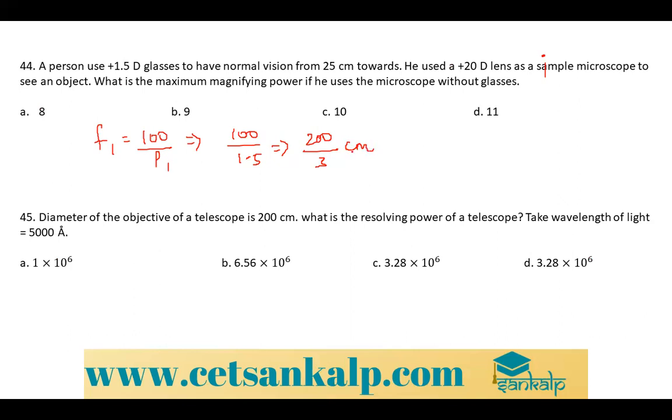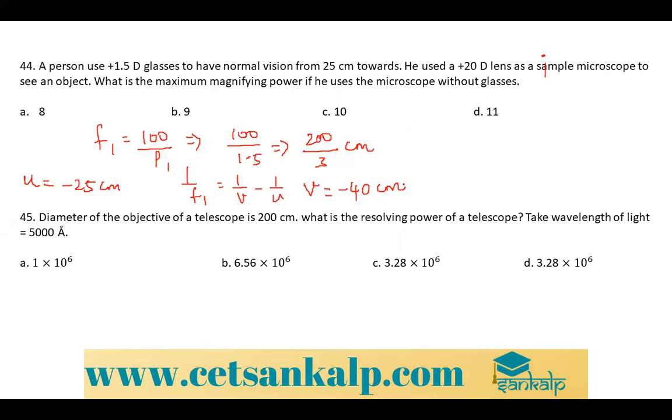Now U is given as minus 25 centimeter. So the formula is 1/F1 is equal to 1/V minus 1/U. When you simplify this, you will get V is equal to minus 40 centimeter.